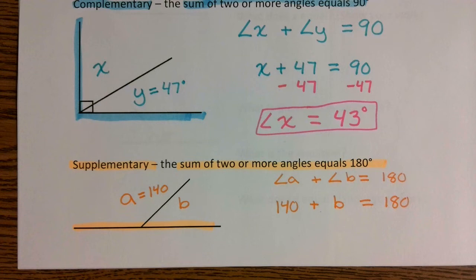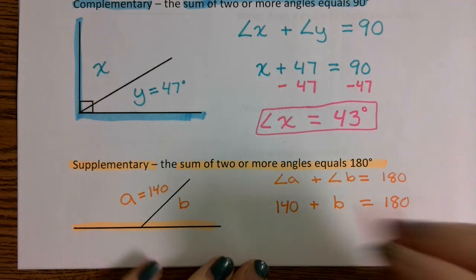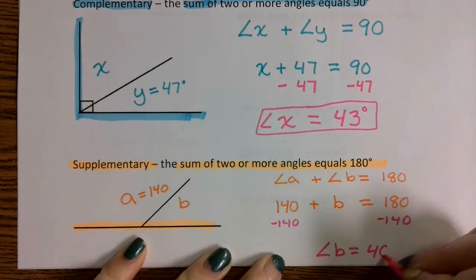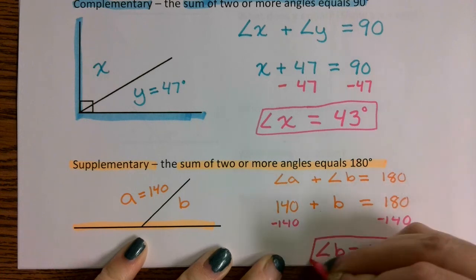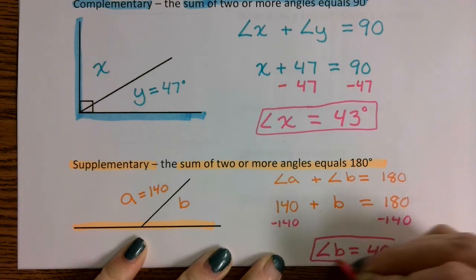That's easy stuff right now because it's just a single step. Soon we're going to be doing two-step equations or multi-step equations, and you'll need to know how to set the equation up first so that you can then solve it. But yes, in this case, angle B is going to be equal to 40 degrees. Angle B will equal 40.